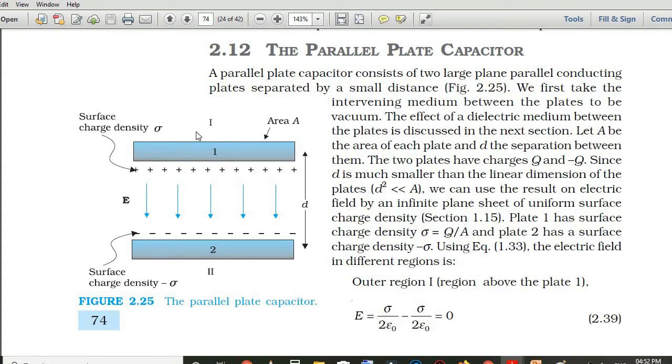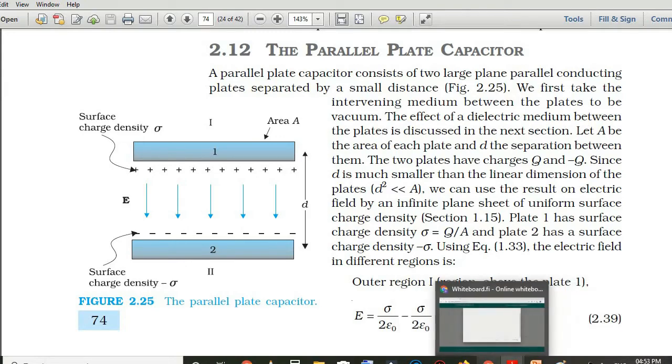You can see here, this region 1 is a space outside of the capacitor. Region 2 is also a space outside of the capacitor. This is the inner region of the capacitor. We shall study the electric field due to the parallel plate capacitor in these three regions.